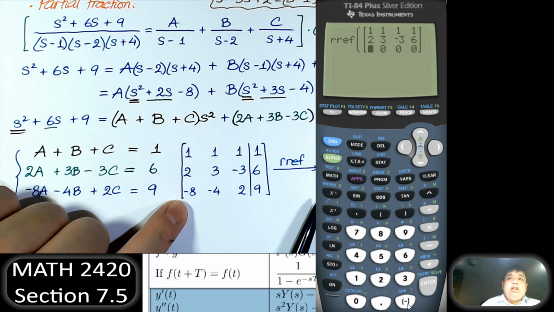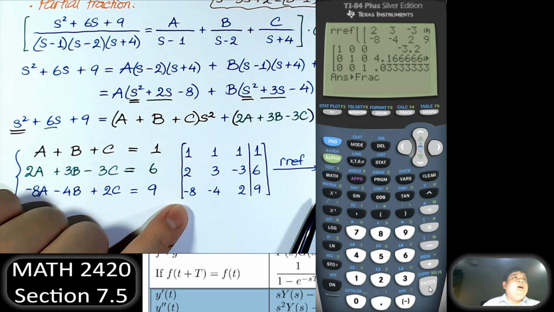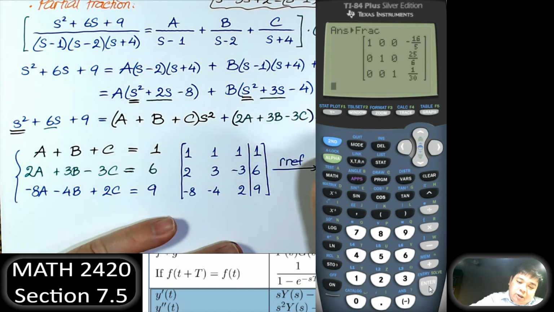Notice that when you enter the negative, it should be this negative. And apply that, and then turn this into fractions. So 1, 0, 0, 0, 1, 0, 0, 0, 1.